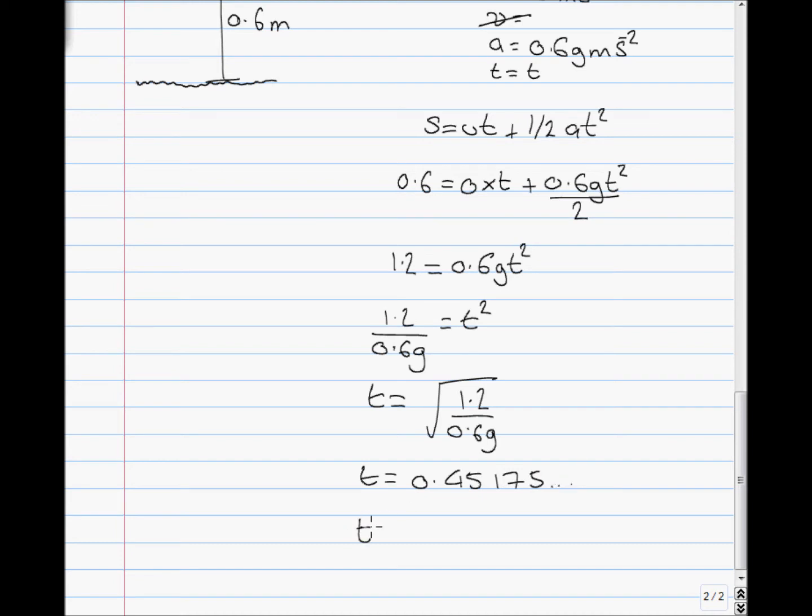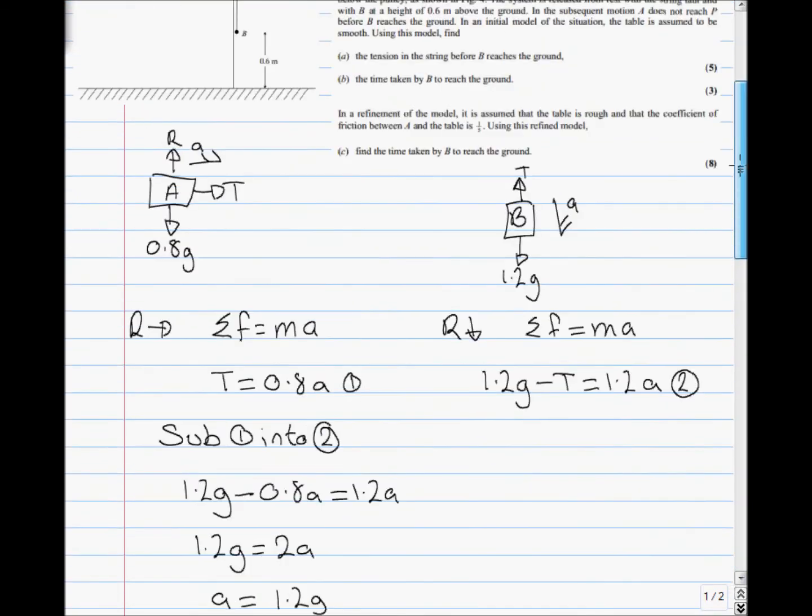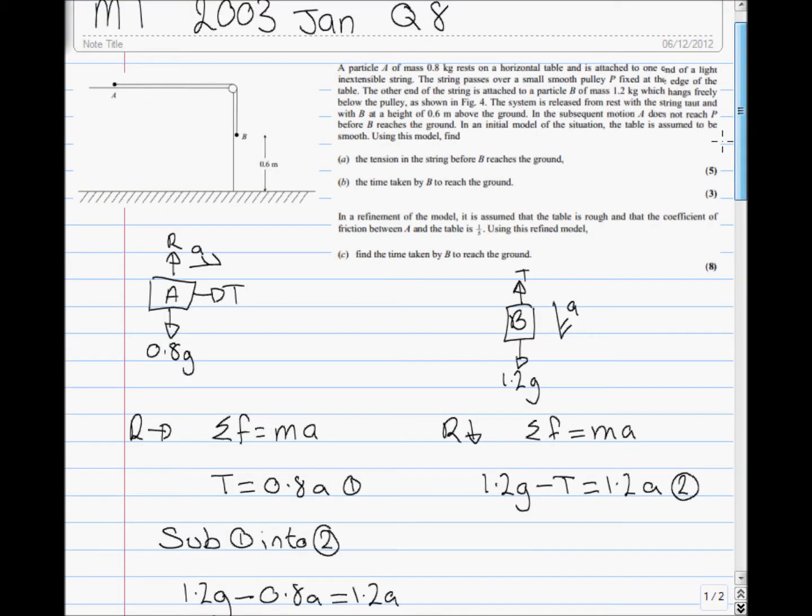So T equals 0.452 seconds to 3 significant figures. Okay, so that gives us B, the time taken. C, in a refinement to the model, the coefficient of friction is now 1/5. Find the time taken by B to reach the ground.